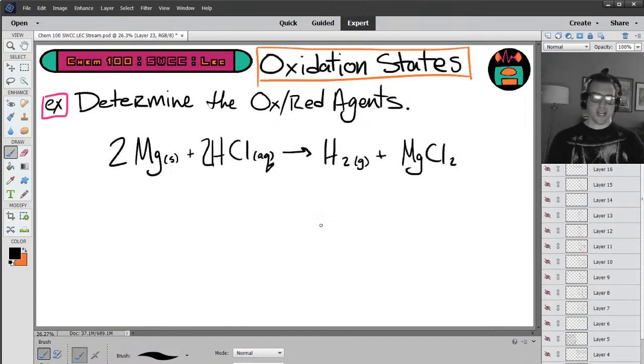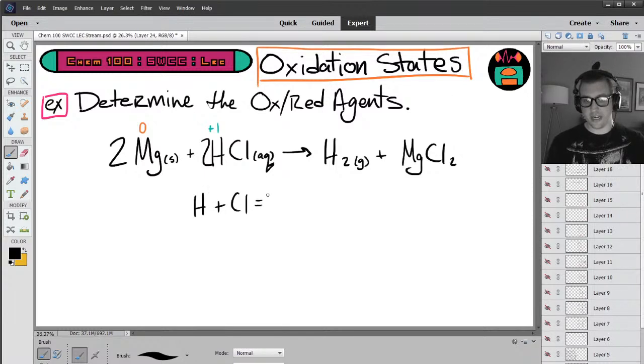All right, now let's assign our oxidation states. Magnesium on the reactant side has an oxidation state of 0. In HCl, hydrogen is present with a nonmetal, so it's going to have an oxidation state of +1. And then we don't know what chlorine's is, but we can solve for it because we know that the oxidation state of hydrogen plus the oxidation state of chlorine equals our total charge, which is 0.